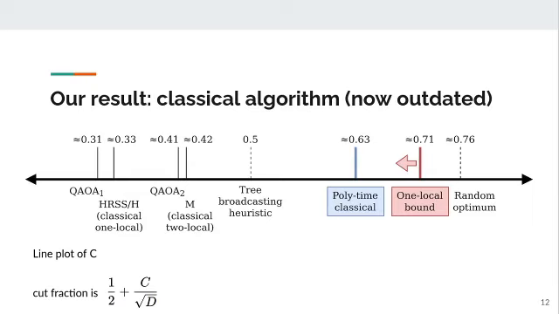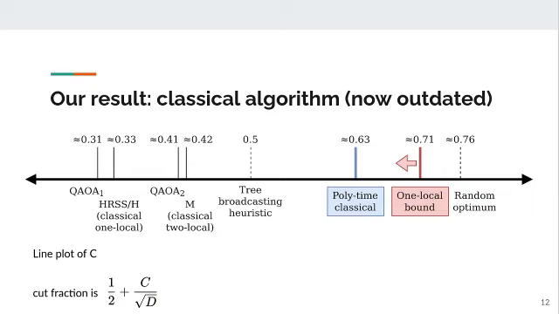We also have a result that I won't talk about in this talk that is a polytime classical algorithm that gets to 0.63. This is a restatement of some earlier ideas on Gaussian waves, and it has some relationship to the semi-definite programming algorithm. But it's actually outdated.